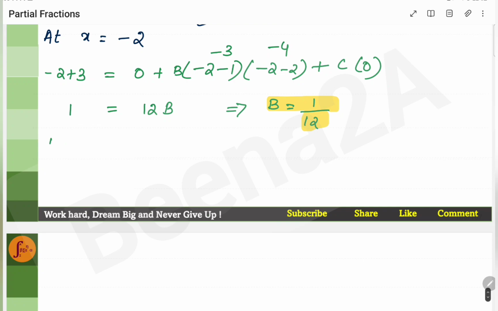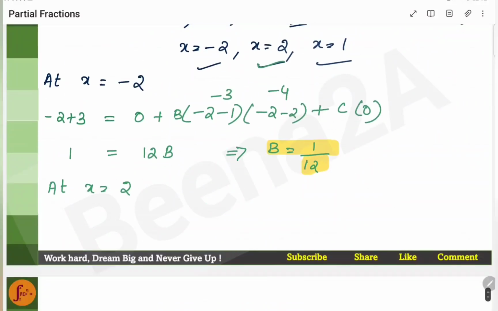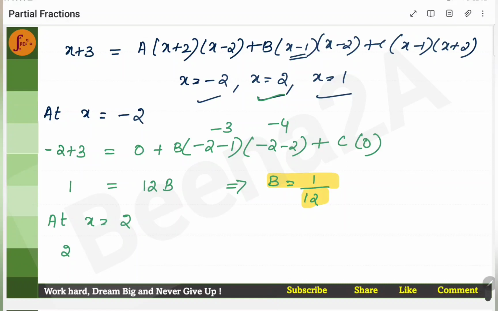Now we'll find the second value, at x is equal to 2. I'll get 2 plus 3. Here 2 minus 2 will become 0. Here it will be b into 2 minus 1, 2 minus 2.